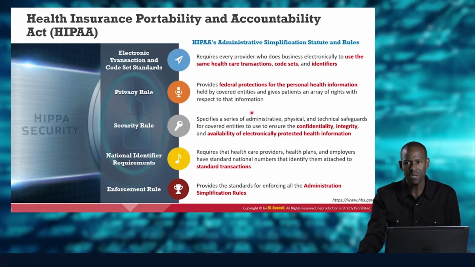Then we have a specification for administrative, physical, and technical standards for confidentiality, integrity, and availability of that electronically protected health data. We want to protect it, secure it, but make it available to those who are authorized to see it. If you're a healthcare provider, health plan, or an employer dealing with healthcare, you want national numbers, things like Social Security and other types of national numbers to identify transactions.